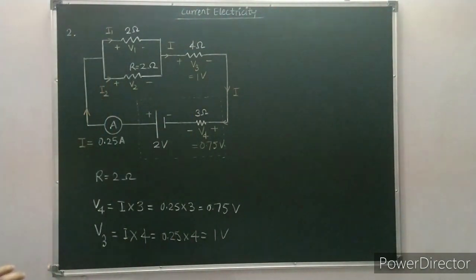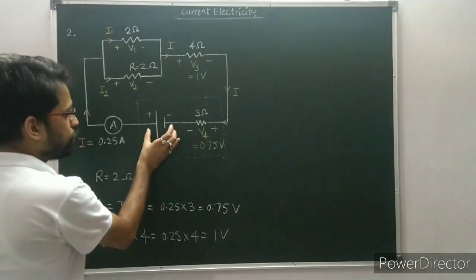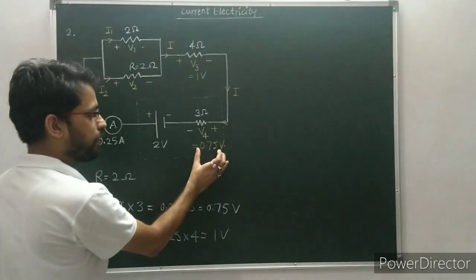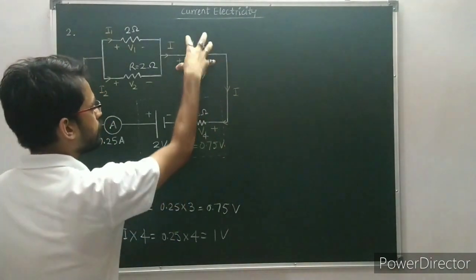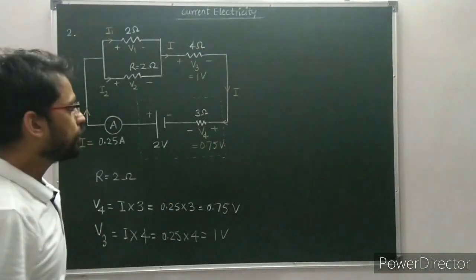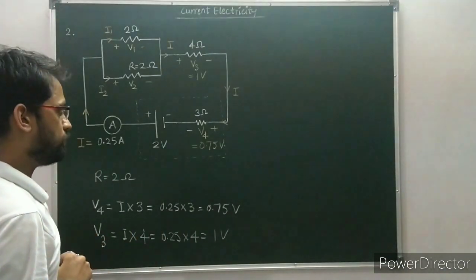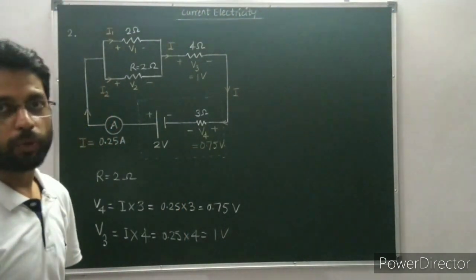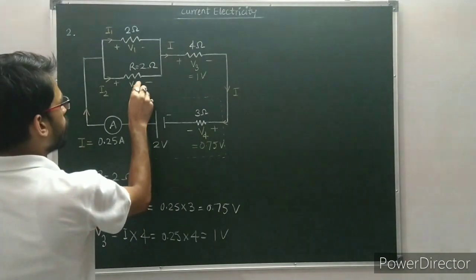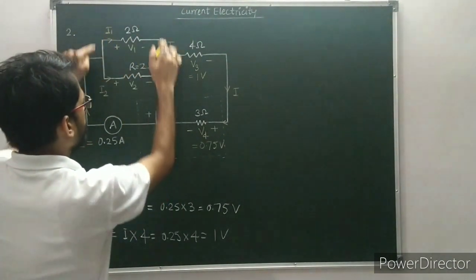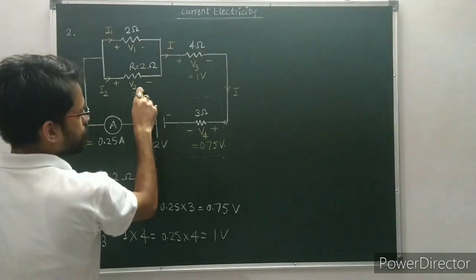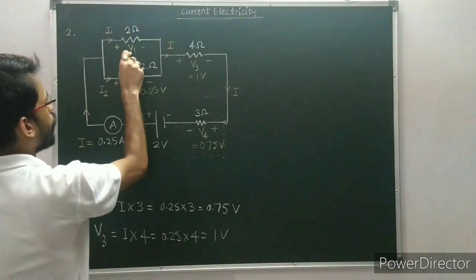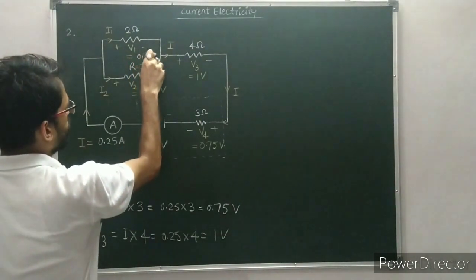Now 2 volt is the supply voltage, out of which 0.75 appears across the internal resistance and 1 volt appears across 4 ohm. Now what is the remaining voltage left? So 2 minus 1.75, that is 0.25. So 0.25 appears here across the parallel network. So V2 will be equals to 0.25 volt and V1 also equal to 0.25 volt.